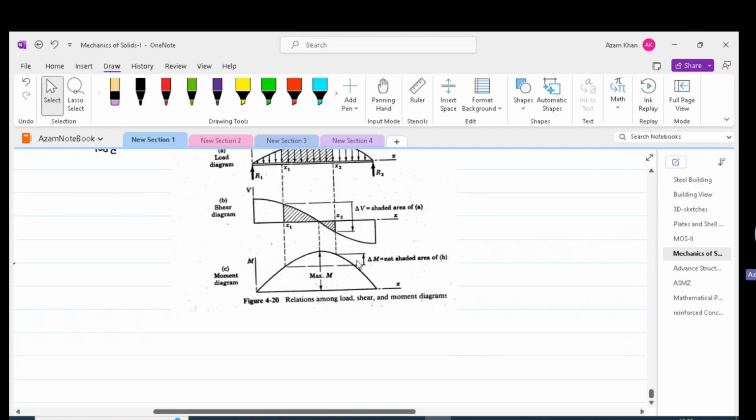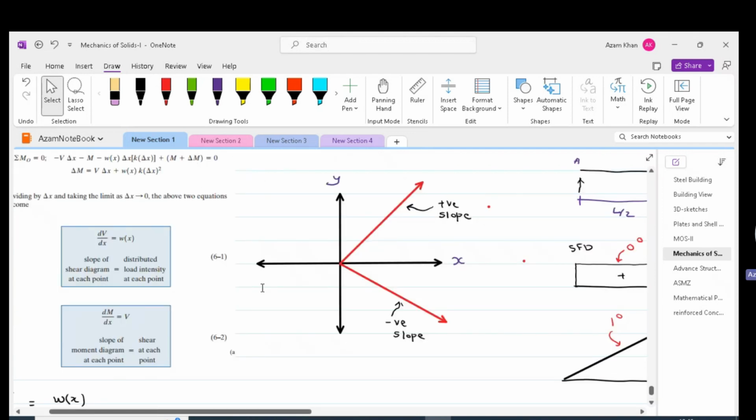Similarly, the change in moment between x1 and x2 should give us the area of the shear diagram between x1 and x2. Please note that based on the sign convention for the derivation of the shear slope and moment slope equations, the positive slope is facing up as shown in this figure and the negative slope is facing down.